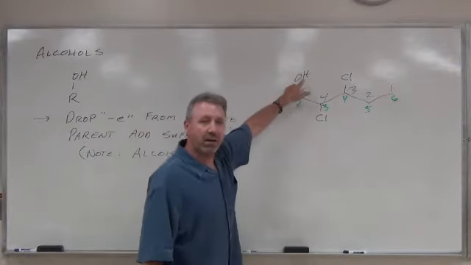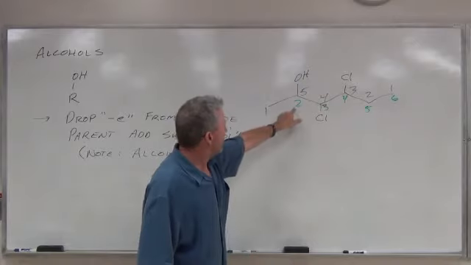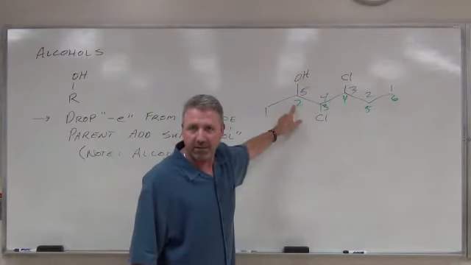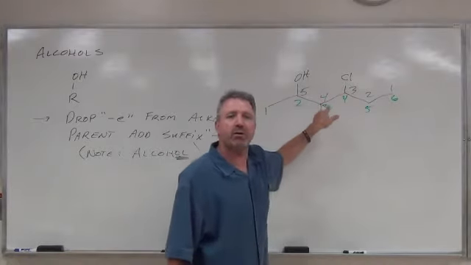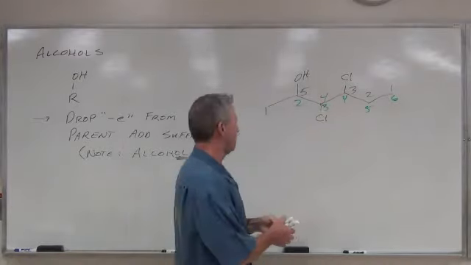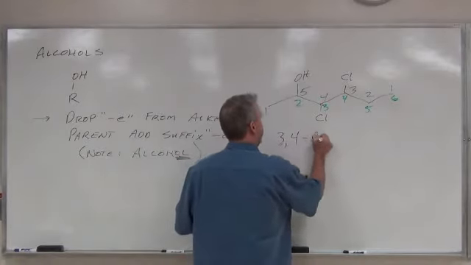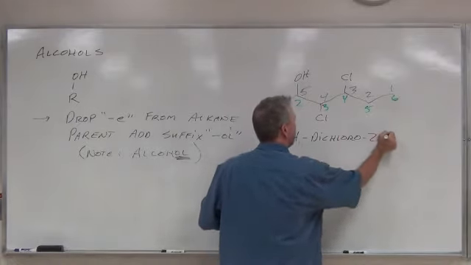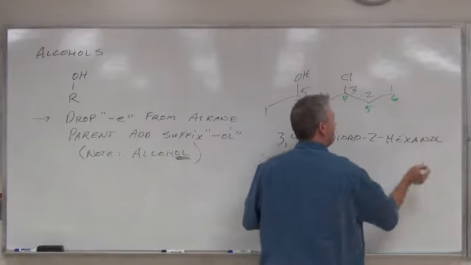Got an alcohol on it, now it makes it hexanol. Alcohol's at carbon number 2, makes it a 2-hexanol. Substituted groups at 3 and 4. They're both the same, chloro, dichloro. This is 3,4-dichloro-2-hexanol.